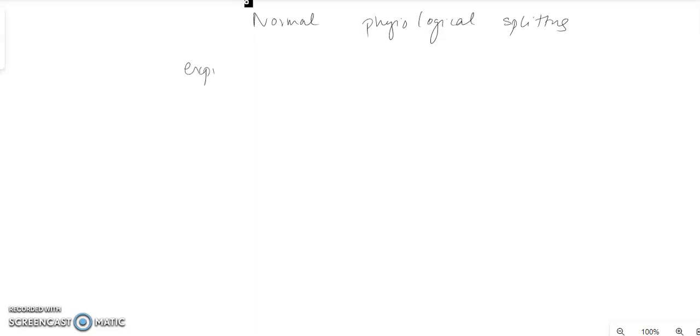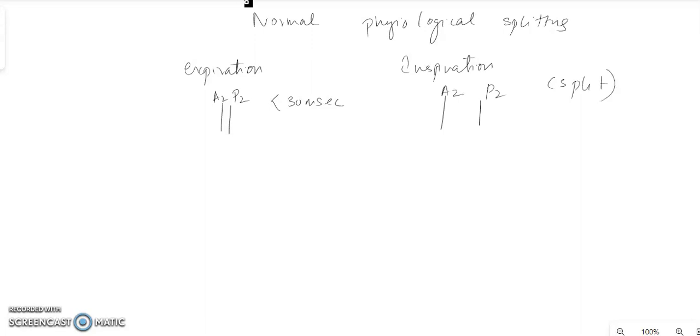Normally in expiration you hear a single sound because the A2 P2 gap is less than 30 milliseconds. But in inspiration, the gap between A2 and P2 widens, so you hear a split. This is called physiological splitting.